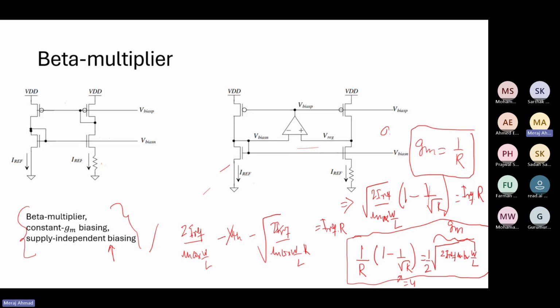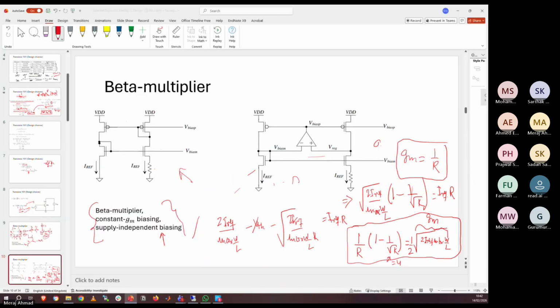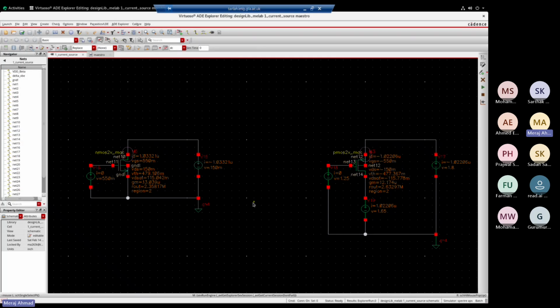So for 180 nanometer, because VDS is sensitive, we try to use it. But let us see in simulation how we can quickly design this beta multiplier. Okay, so we know that gm is 13 micro.